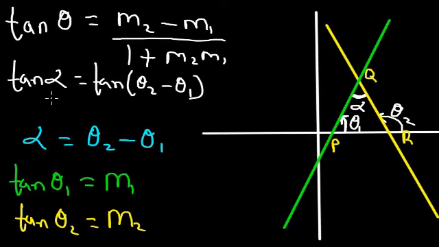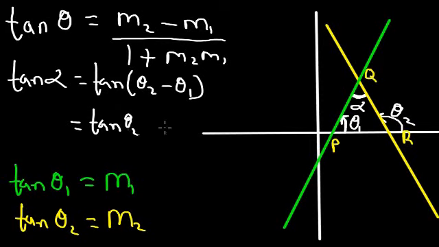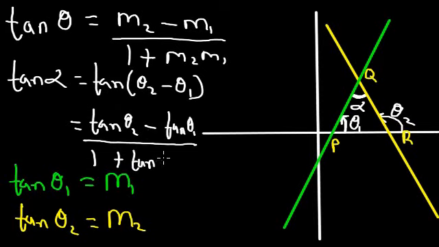Now, according to a trigonometric identity, the tan of the difference of two angles is given as the tan of the first one, tan theta 2, minus the tan of the second one, tan theta 1, all divided by 1 plus the product of the two tan functions, tan theta 2 multiplied by tan theta 1.